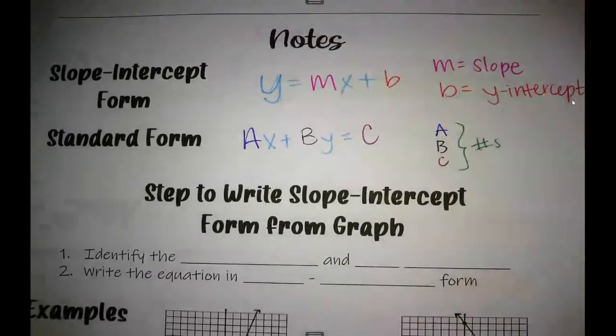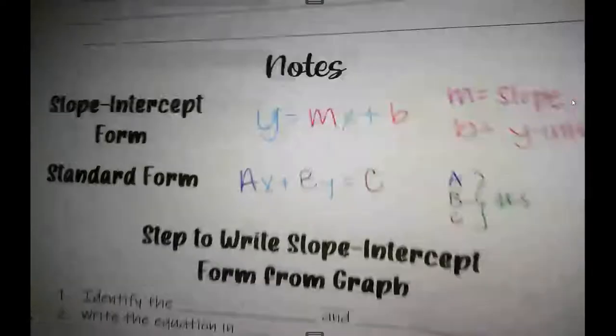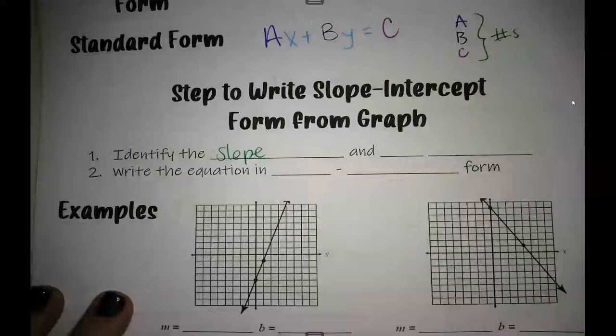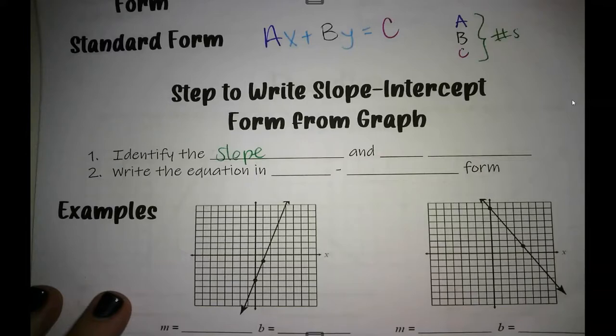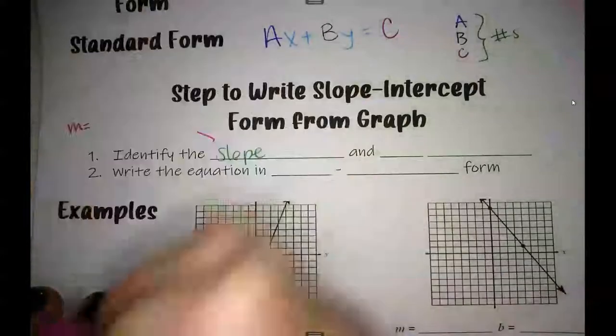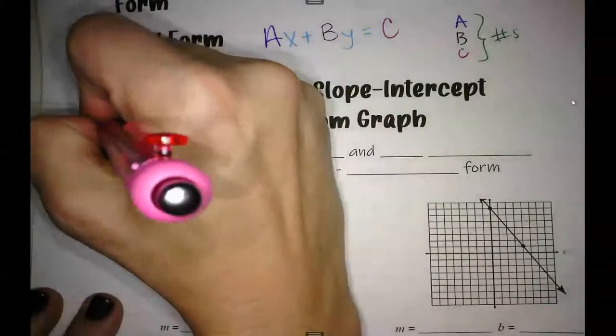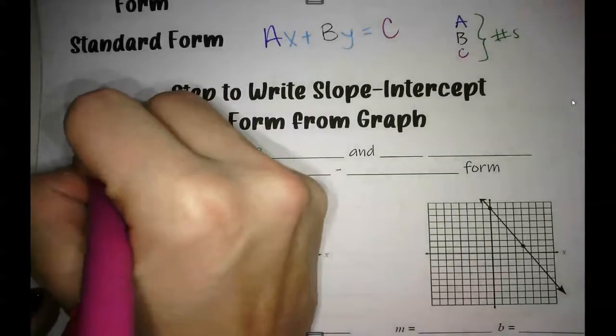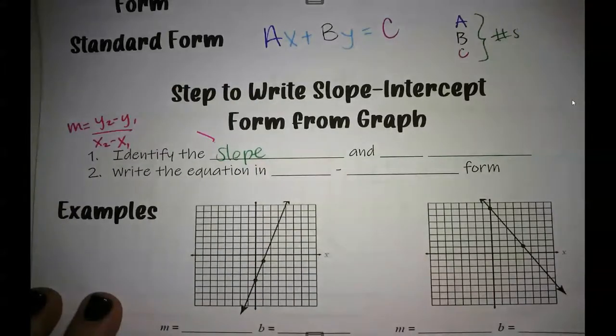So our steps to write this slope intercept form when we're given a graph. Step 1, we want to identify the slope. We want to know what that m is, and remember we do that by using our slope formula, which is m equals y2 minus y1 divided by x2 minus x1.